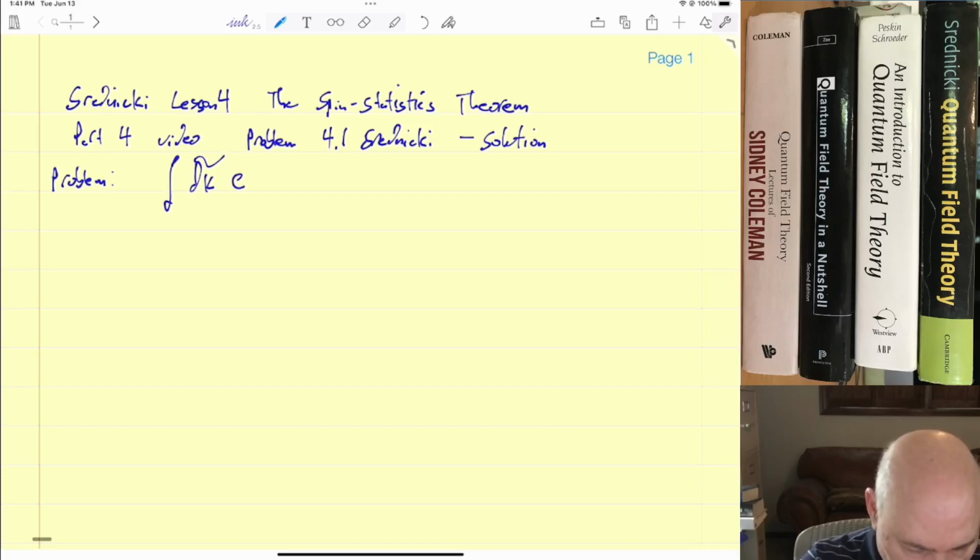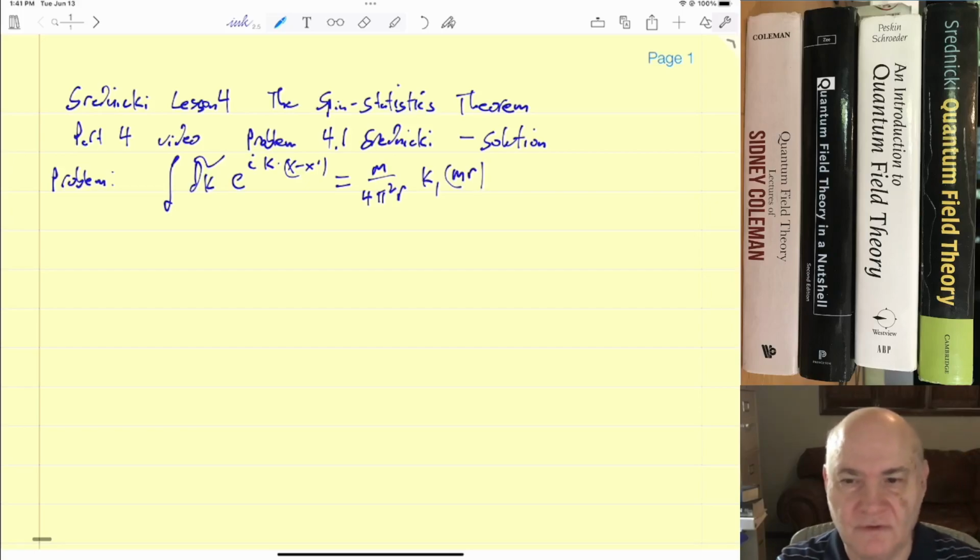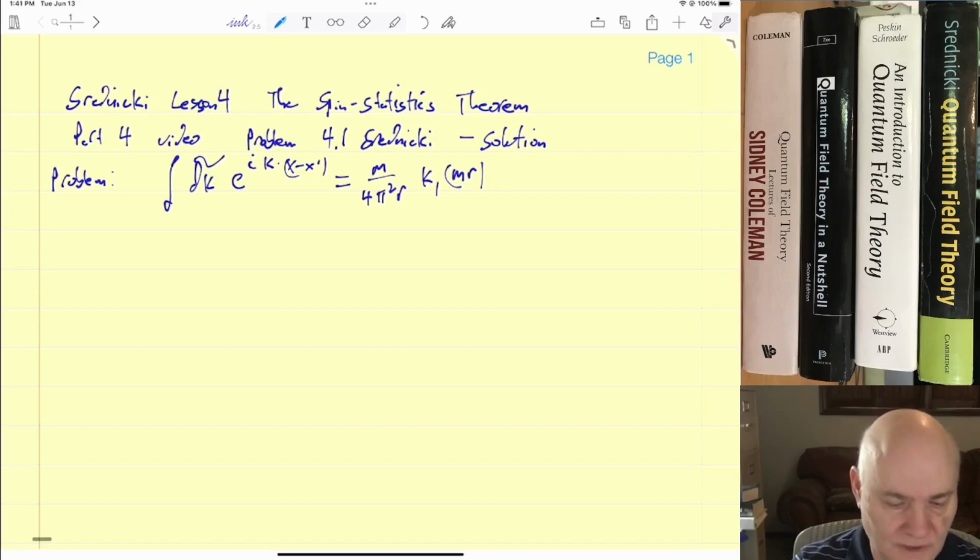Remember d tilde k is Srednicki's notation for an invariant measure. We want to show that this is equal to m over 4 pi squared r K1 of mr. K1 is a modified Bessel function of order 1.